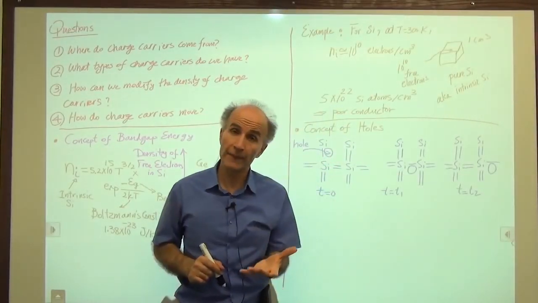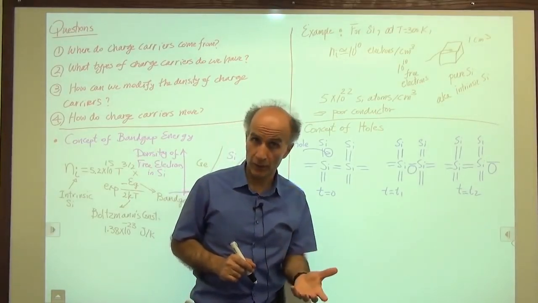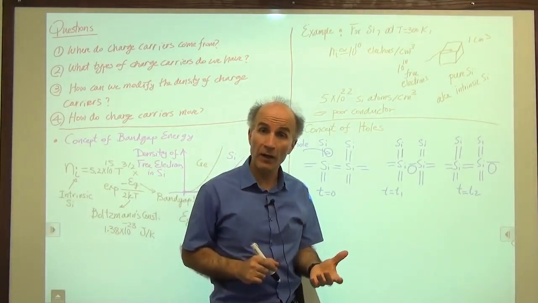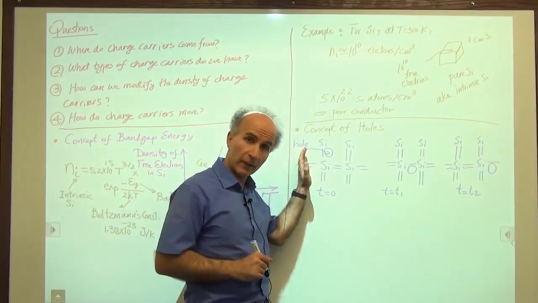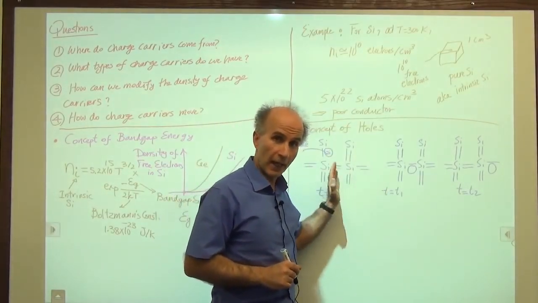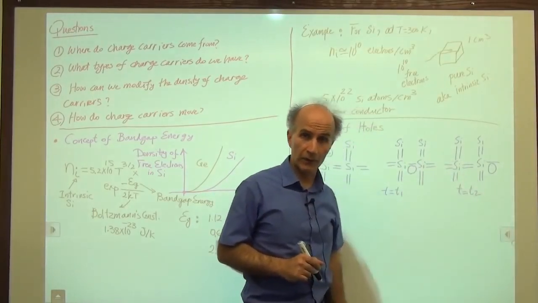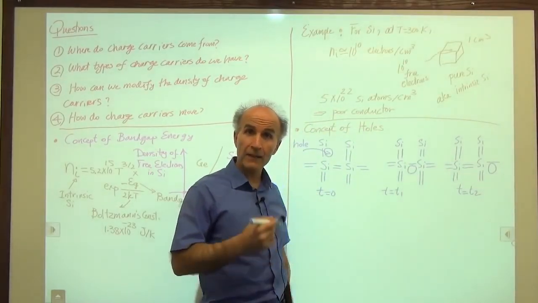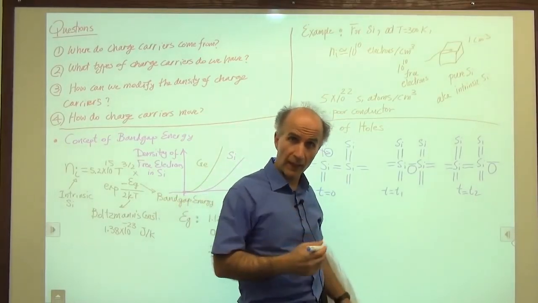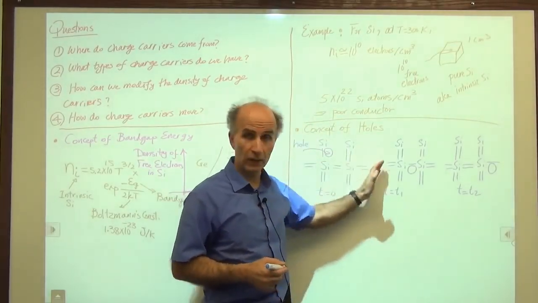And because a hole has positive charge associated with it, we can say that positive charge has traveled from the left side of the semiconductor to the right side as we look at it at different points in time. So we can say a current has been created as we go from here to here.